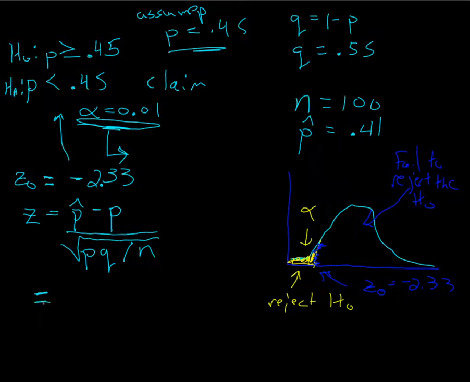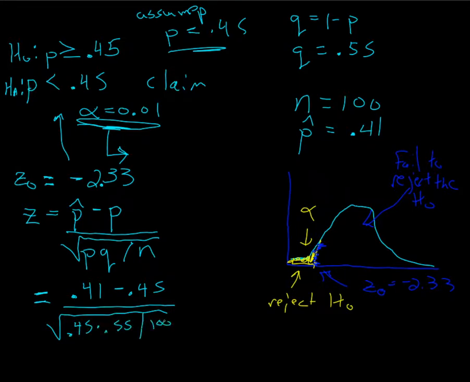So in this case, for me, that's going to be 0.41 minus 0.45 divided by the square root of 0.45 times 0.55 divided by 100. And I'll do this in the calculator. Some things to note: square roots will always be positive, and so this is going to be negative.